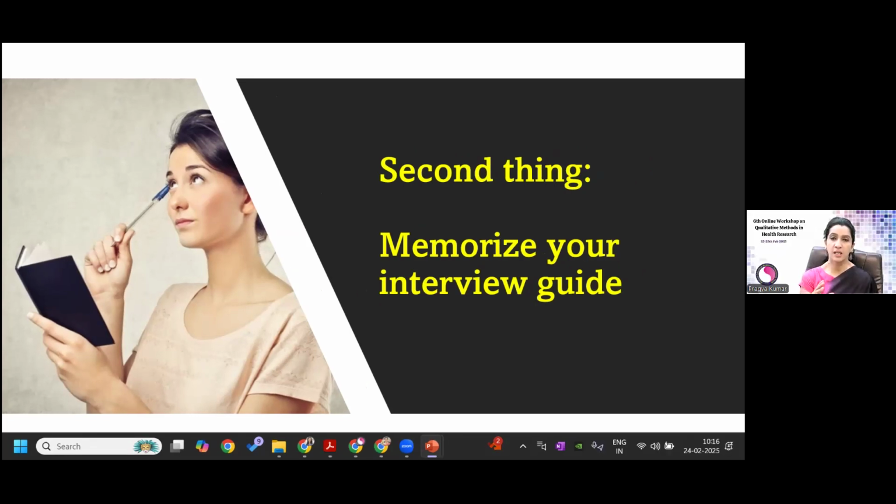Memorize means the main questions, like 3, 4, 5 questions, which are generally broad questions. You can have a copy of the interview guide with you, but it's better that you repeat the guide so many times before going to the field that when you are talking, you should not be looking at that paper.